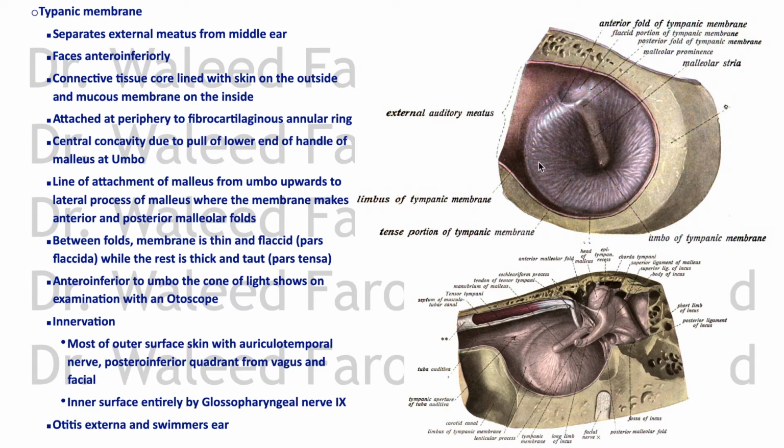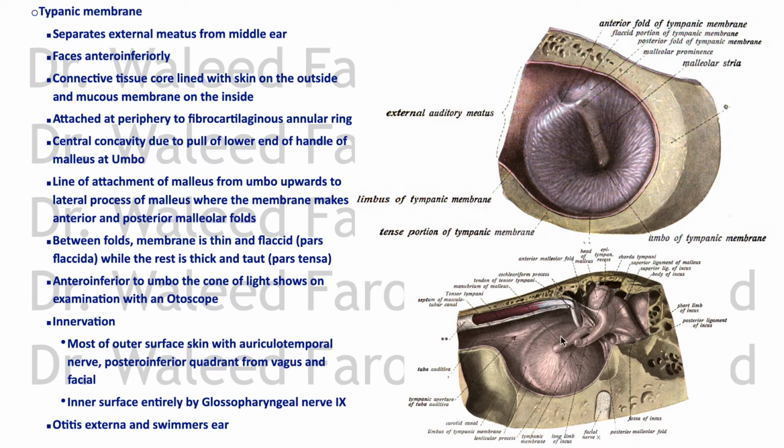Now, back to the tympanic membrane. See, this is the inner side of the tympanic membrane. The handle of the malleus is pulling on it. See how it pulls on it because of the attachment of this muscle, the tensor tympani. The nerve supply of the outer side, most of it is by the auriculotemporal, and the posterior inferior quadrant is by the facial and vagus.